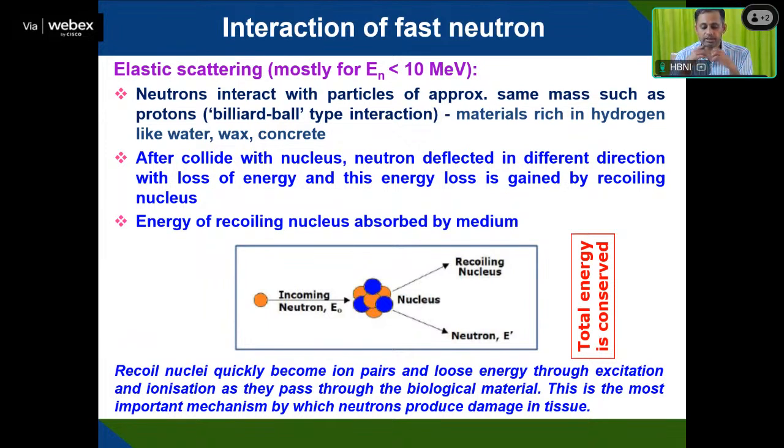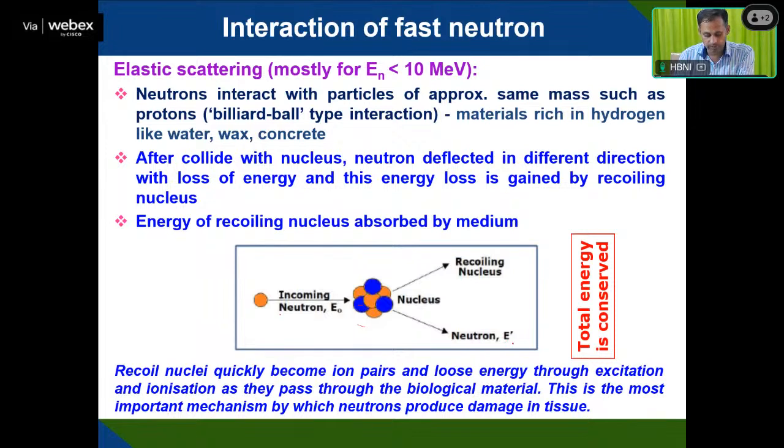Materials rich in hydrogen, like water, wax, and concrete, are characterized by elastic scattering of fast neutrons. After colliding with the nucleus, the neutron is deflected in different directions and loses its energy. The recoiling nucleus energy is absorbed by the material. You can see here the incoming neutron coming in, after absorption.